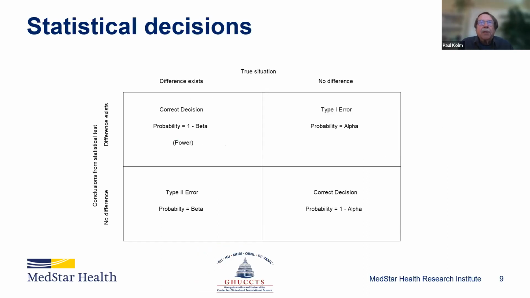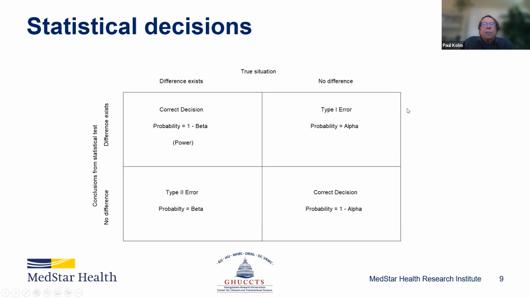And so this is a diagram that I'm sure you've seen many times in your statistical courses. What we have represented is that the rows are the conclusion that we get from our statistical test, and the columns are the true situation.